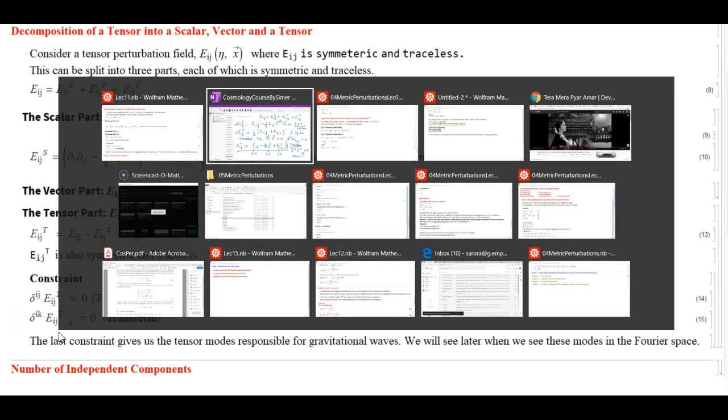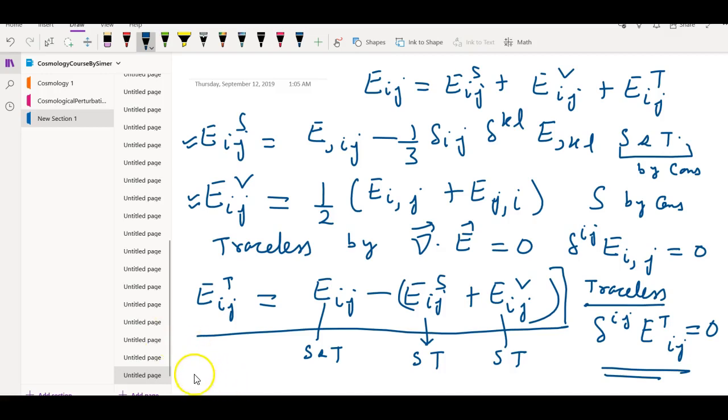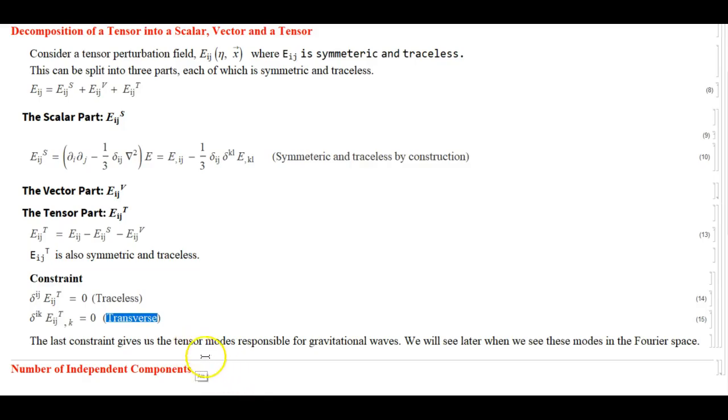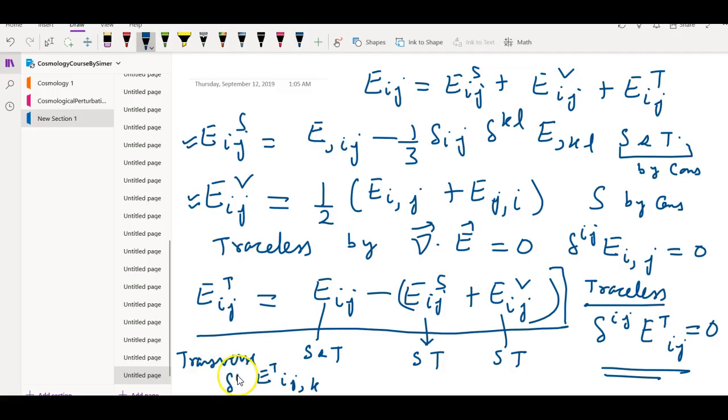Now the second constraint makes this transverse: E^T_ij,k delta^ik is equal to 0. Now this makes it transverse.